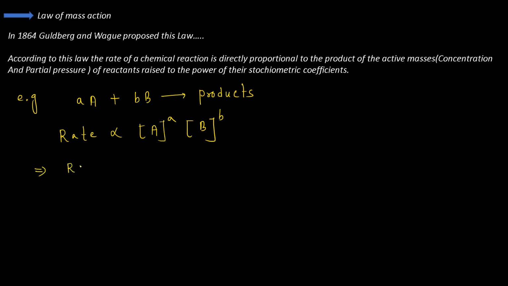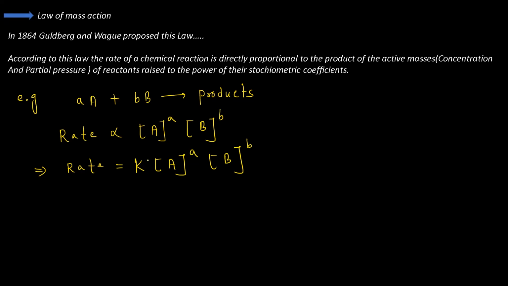So our rate will be, we have to give a proportionality constant K, dot concentration of A power small a multiplied by concentration of B power small b.